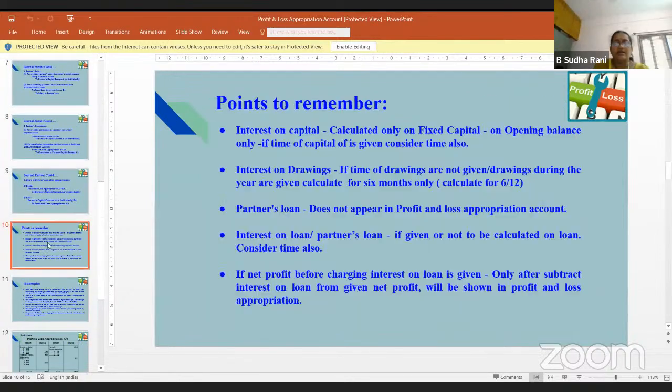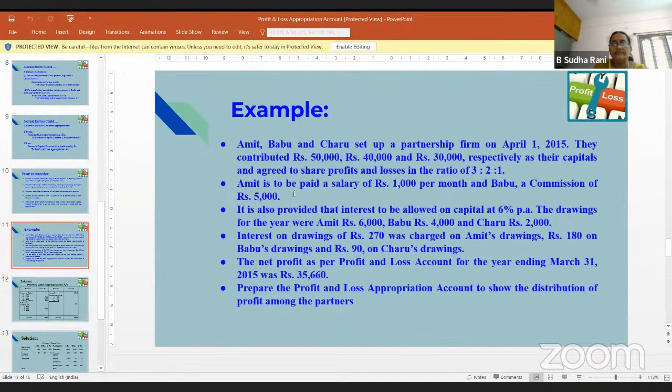So on debit side, write Amit salary. 1,000 per month is given, but we need to take per year. So 1,000 into 12, 12,000. Write Amit salary on debit side, on the left hand side, 12,000 in the amount column. Done.